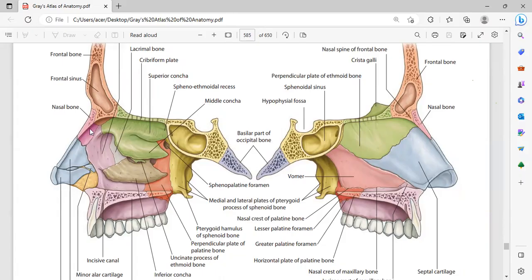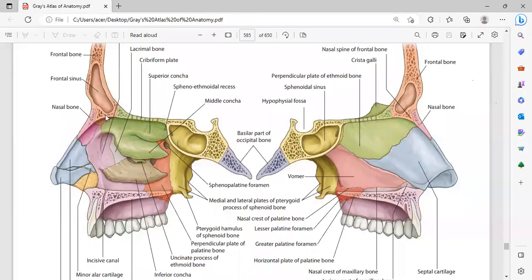So this entire thing is the roof, right? Posterior to anterior, you have the body of the sphenoid, the cribriform plate of the ethmoid bone, the frontal bone, and the nasal bones. So that is the roof of the nasal cavity.